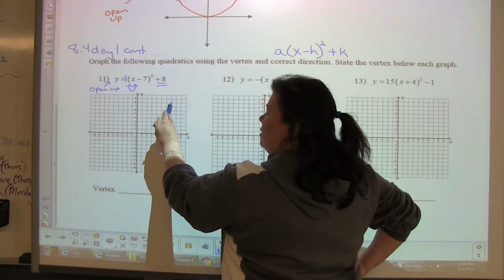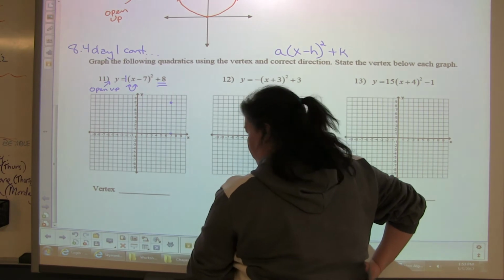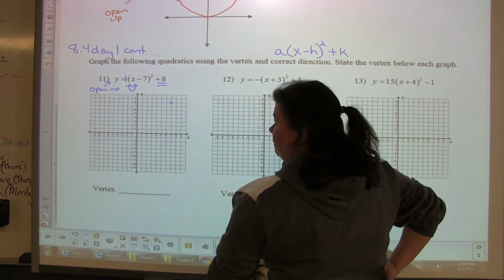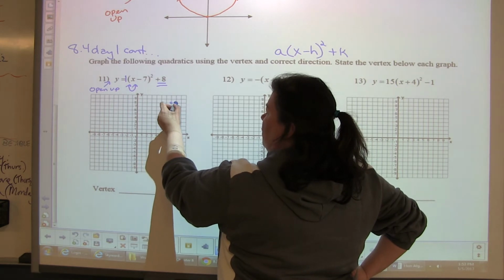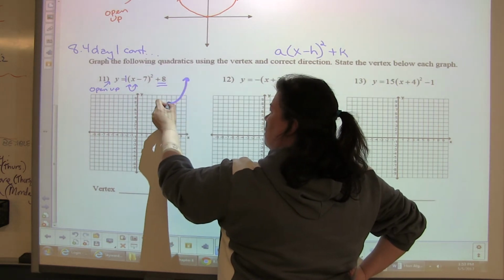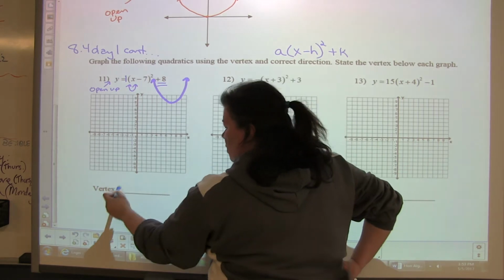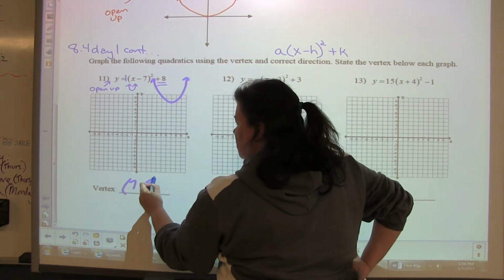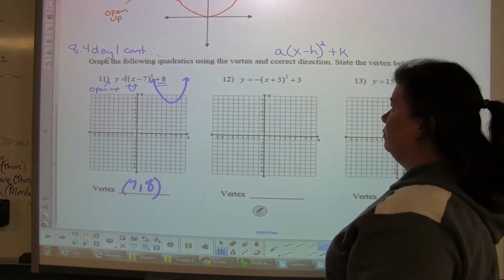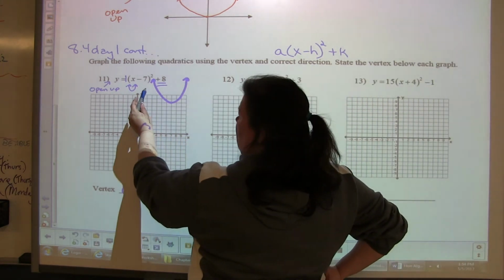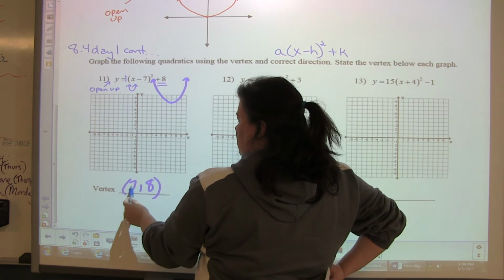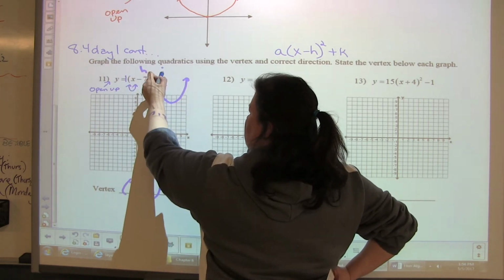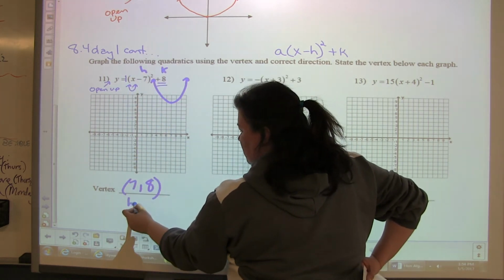So our vertex is going to be really at 7, 8, and it's going to open up like this. So if you notice, 7, 8 in this case is our vertex. This is the h and this is the k. That's where our vertex is, h, k.